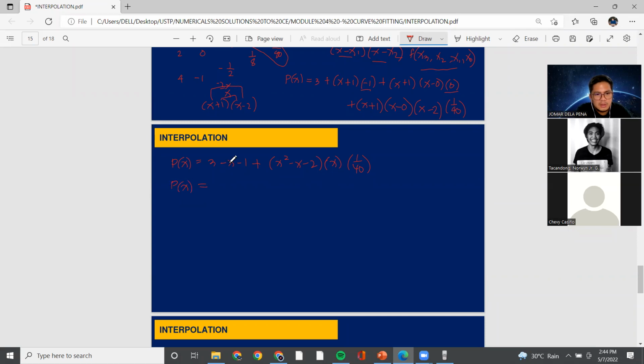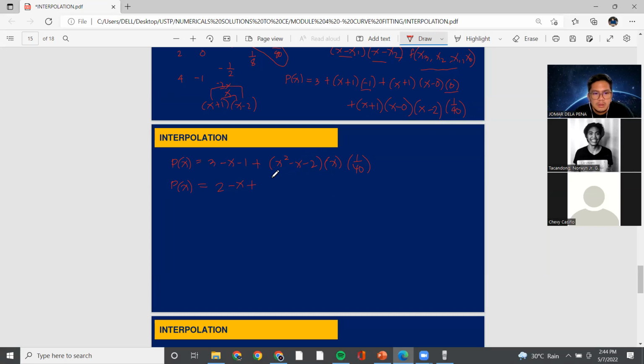P of x. 3 minus 1 is 2 minus x plus this is x cubed. No, distribute na to sa x cubed.